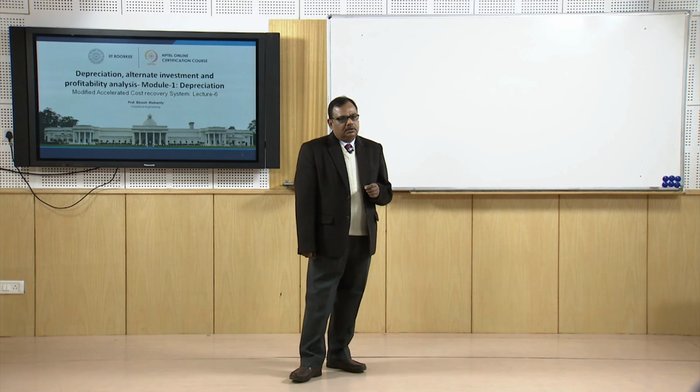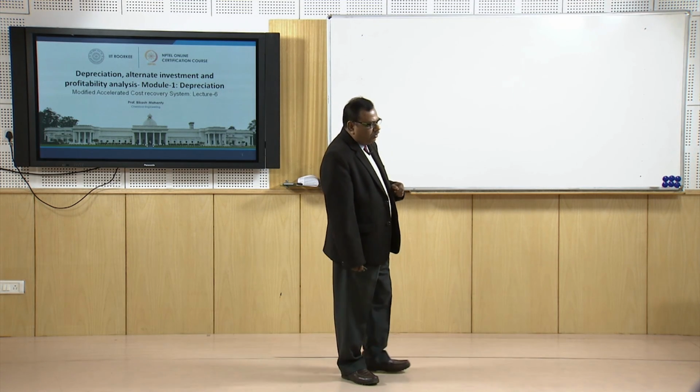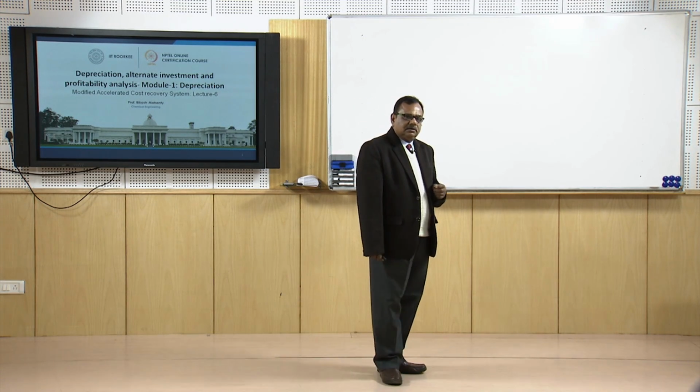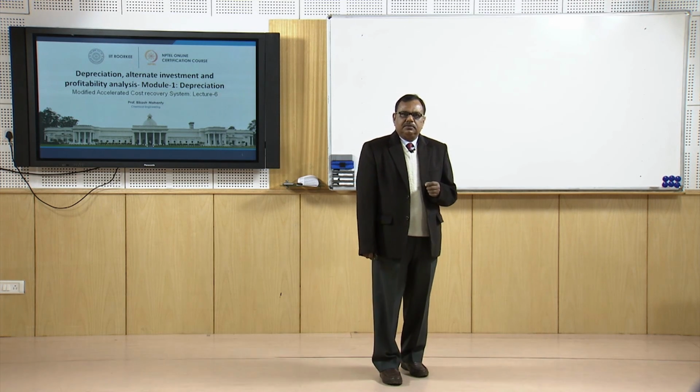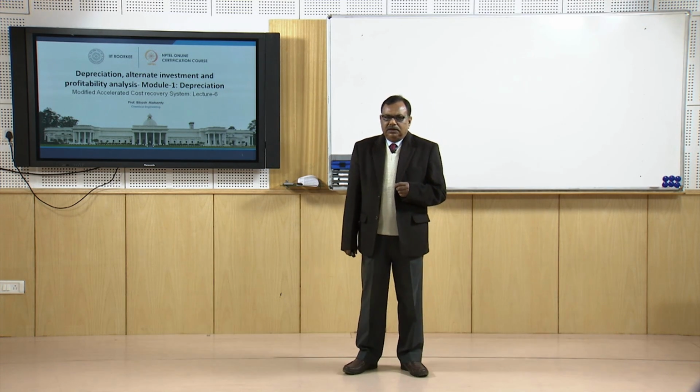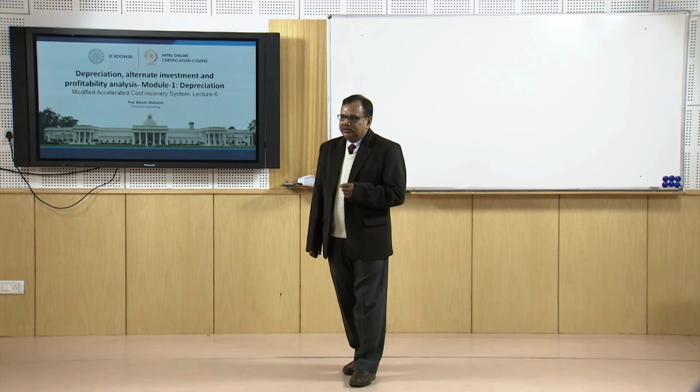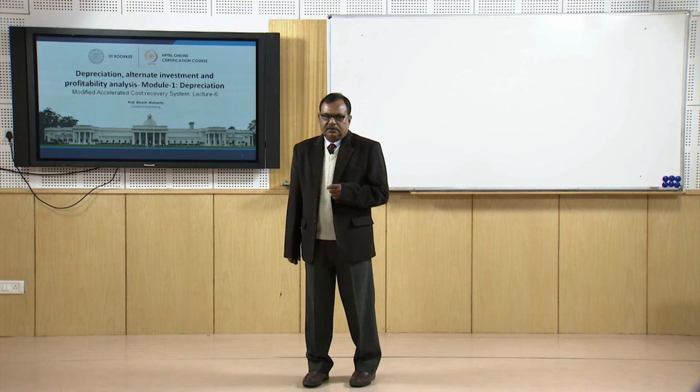Now, here we see that though it is a 5 years lifespan product, it is taking 6 years to depreciate it, and when we use the half yearly convention, then in the first year we are charging a lesser amount of the depreciation than what is calculated by the double declining balance method.